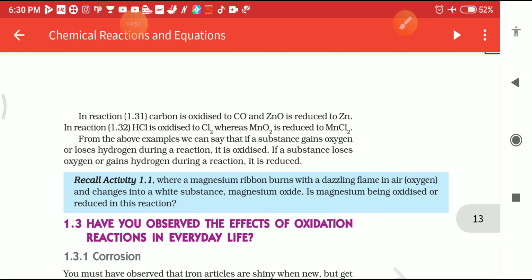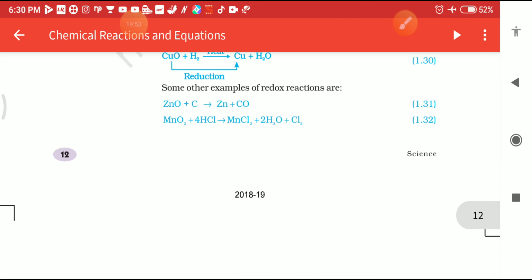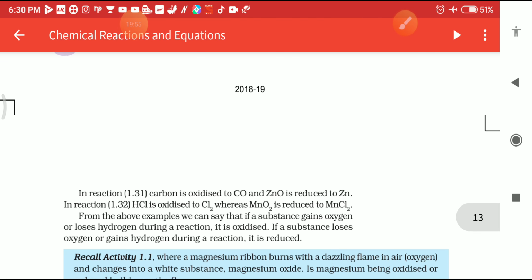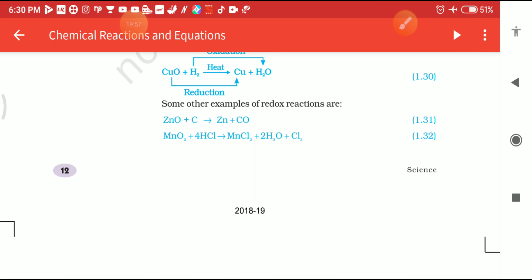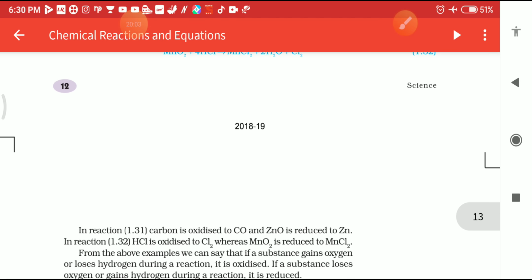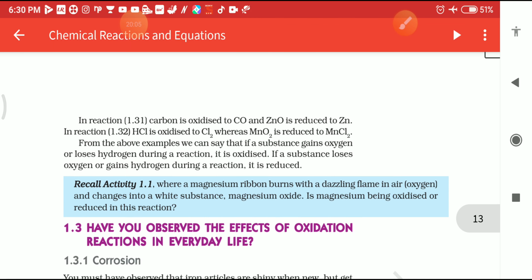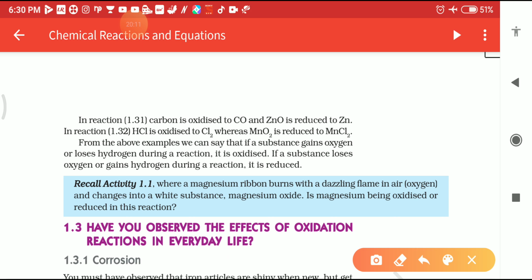Now in this reaction, see here, 1.31, zinc oxide plus carbon gives rise to zinc plus carbon monoxide. In this reaction carbon is oxidized to carbon monoxide. Oxidized means addition of oxygen, and zinc oxide is reduced to zinc, which is when reduction takes place.